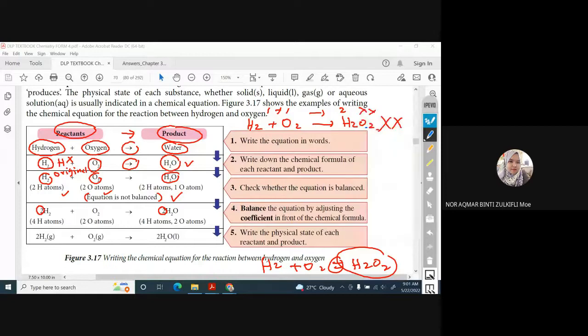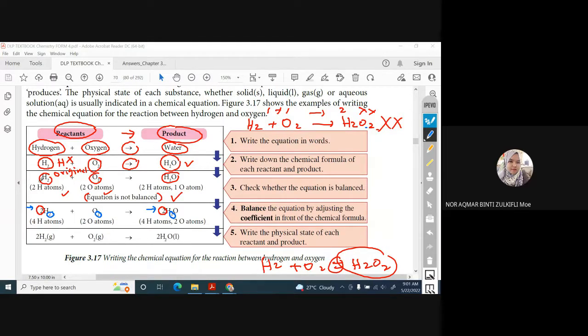Okay, you can see here, ni yang small number ni. Jangan tukar H2, O2, H2O from the original. Jangan tukar. Don't change. It's the original one. Kita nak tukar, kita letak number yang besar dekat depan, in front of the atom or molecule that we have.